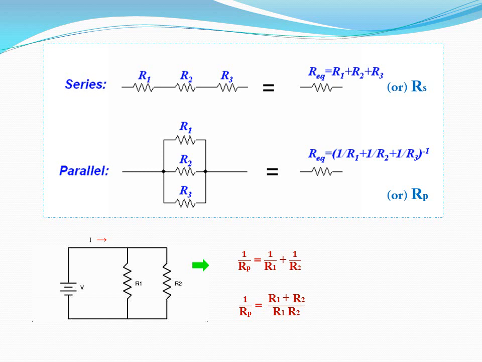Taking the LCM, we have 1 by Rp is equal to R1 plus R2 divided by R1 R2, and this gives us Rp equal to R1 R2 divided by R1 plus R2. So we are going to solve numericals based on various combinations of series and parallel connection.